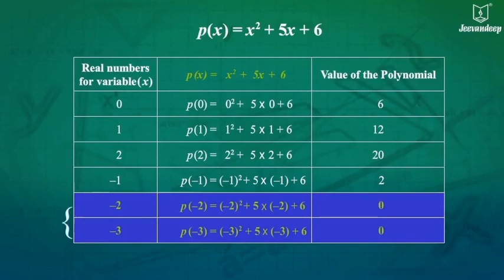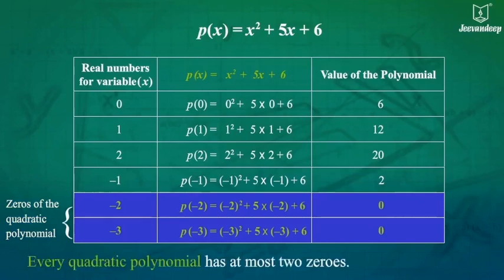So, minus 2 and minus 3 are called zeros of the quadratic polynomial. Every quadratic polynomial has at most 2 zeros.